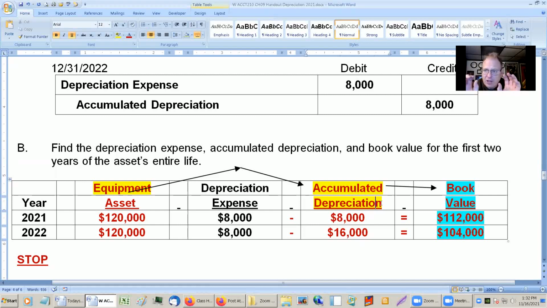So those two accounts go hand in hand for the entire life of the asset. Even though they are two different accounts, they are locked together because this accumulated depreciation is really a contra account to the equipment.